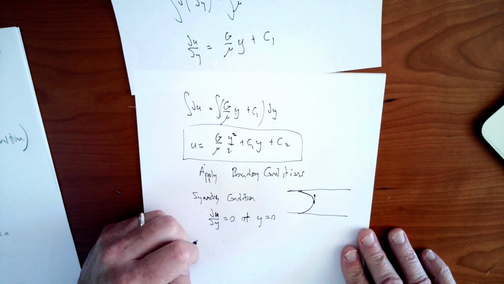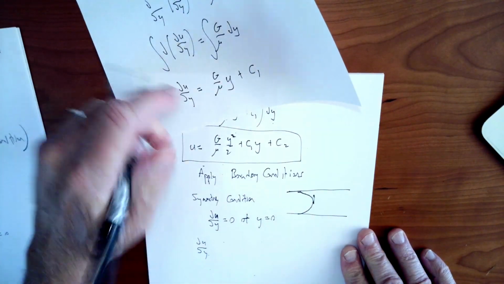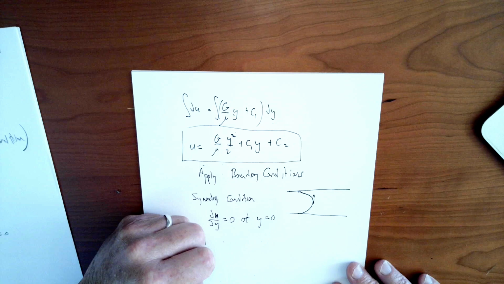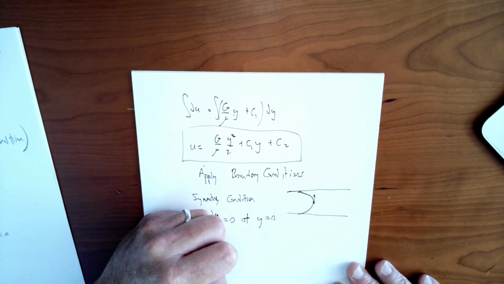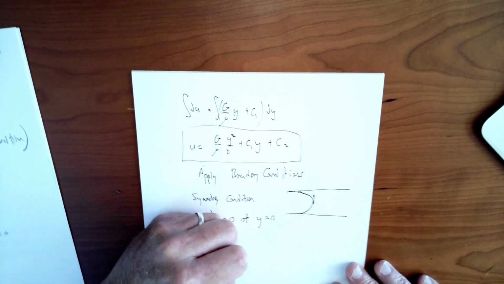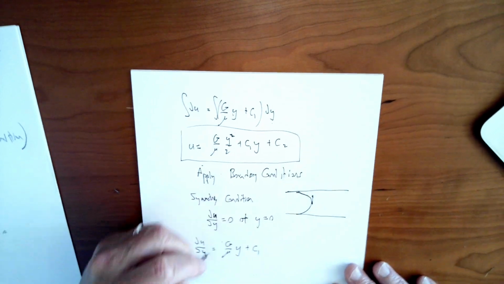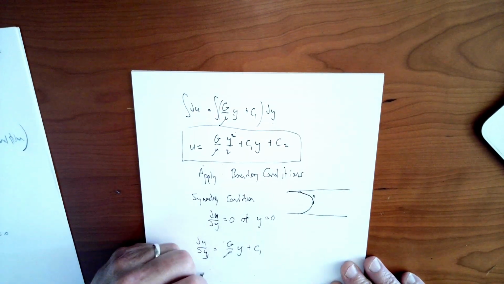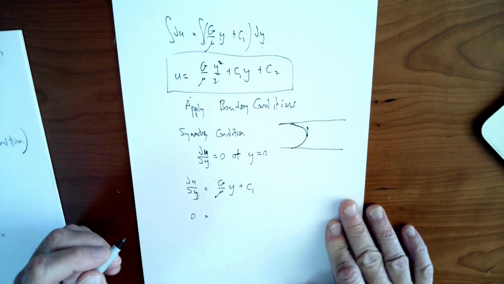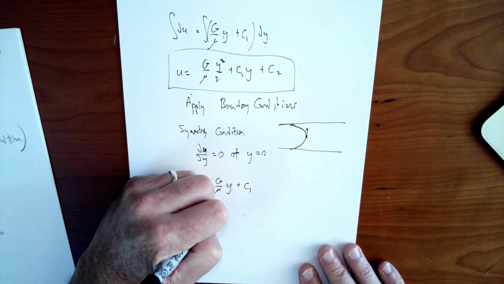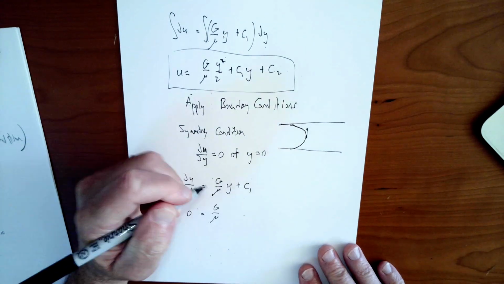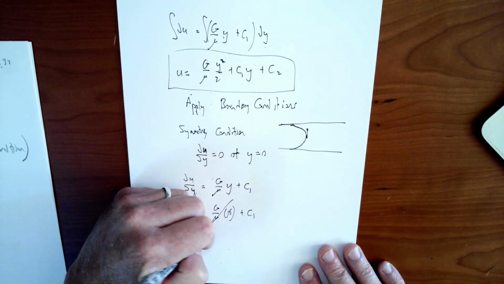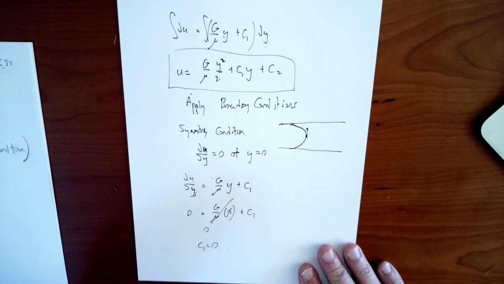So du dy, you can just look back, we had it a second ago anyway, is equal to g over mu y plus c1. So we set that equal to 0. So 0 on the left equals g over mu times 0, since y equals 0, so that term goes away, plus c1, and you have c1 is equal to 0.